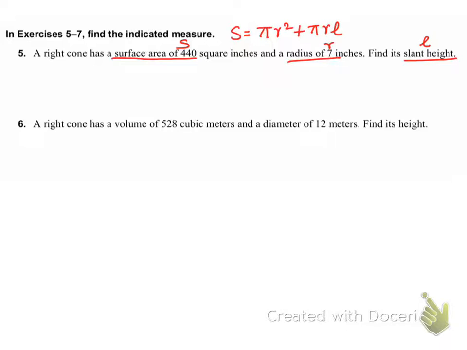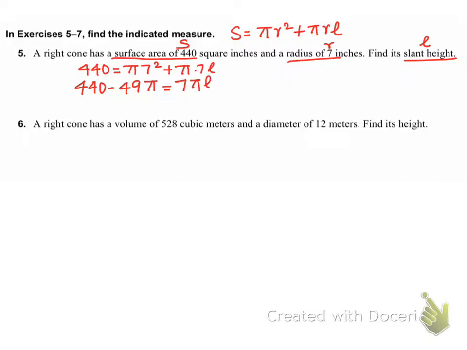So it's just like solving an equation. Just plug it in. S is 440, and then pi, r squared is 7 squared, plus pi times 7 times L. So it's just solving for L. I get rid of everything on the right hand side, so I would have 440 minus 49 pi equal to 7 pi L. I subtracted 49 pi from both sides.